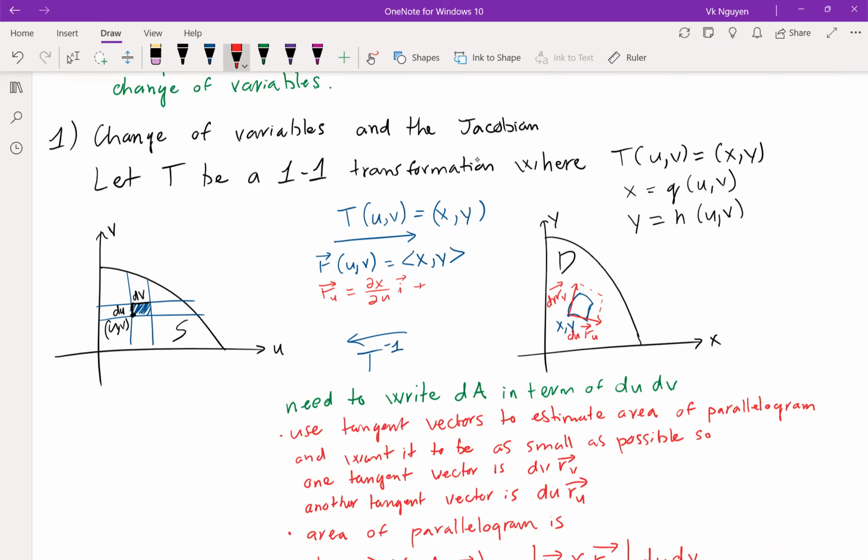It's not a general case though, just a regular derivative, but if the function gets a little complicated, you have to use the chain rule. We also have y, so we do a partial derivative with respect to u of y.